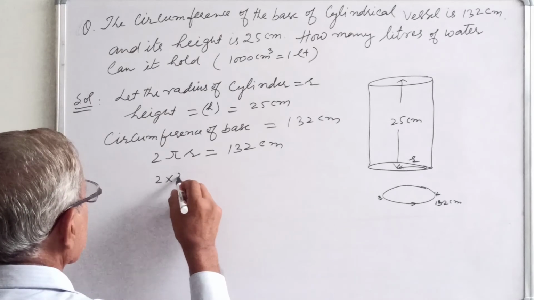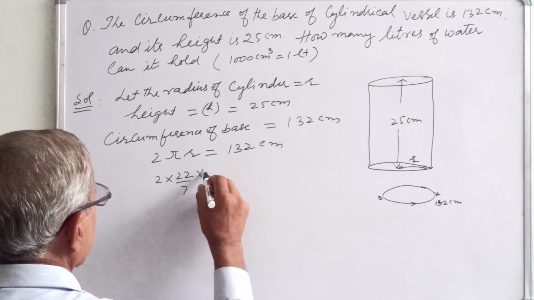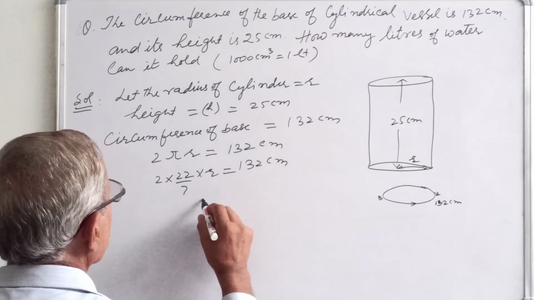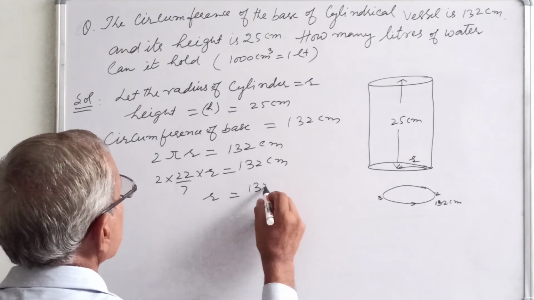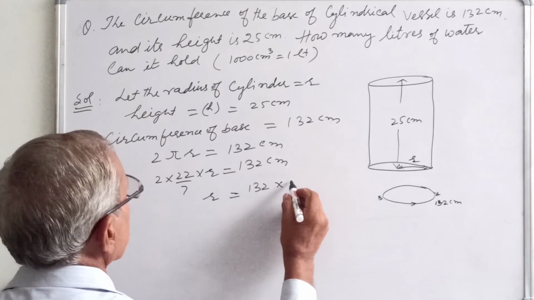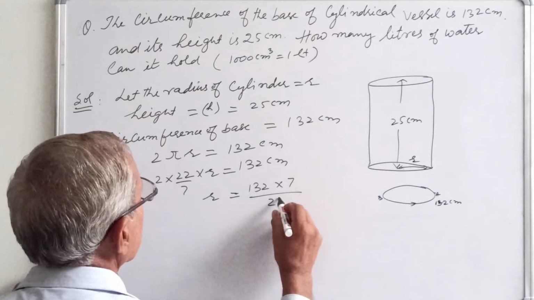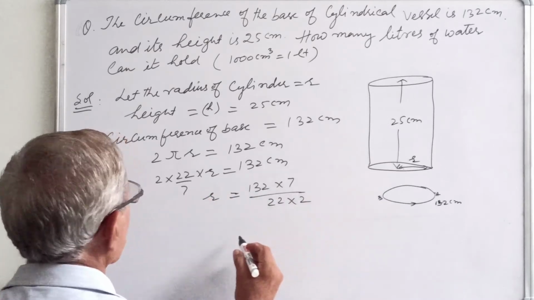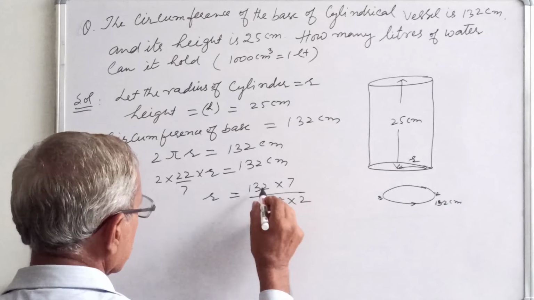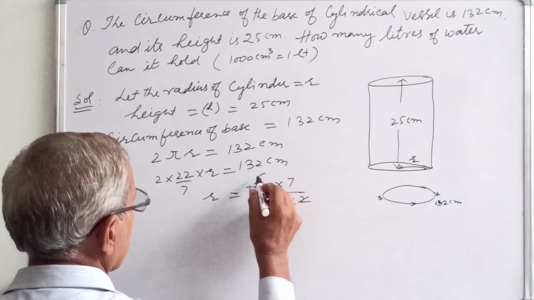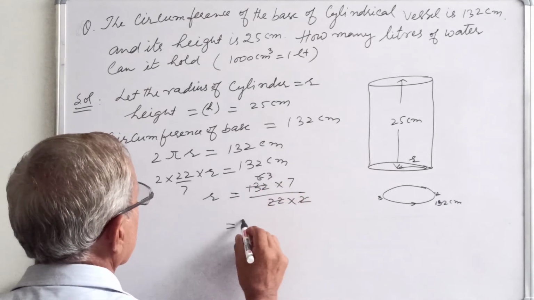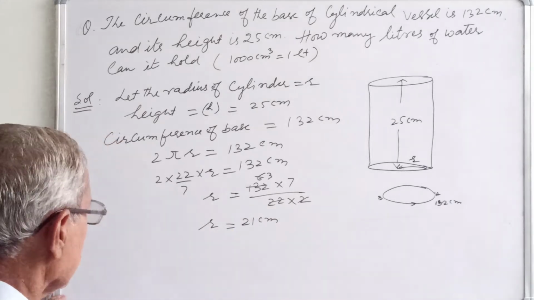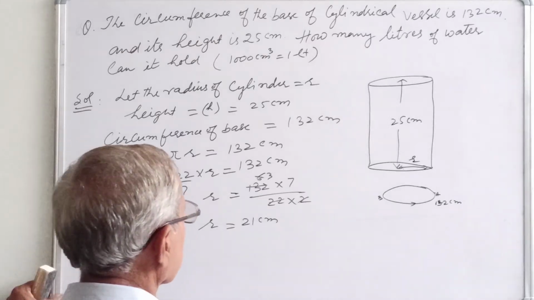So 2 into 22 upon 7 into r is equal to 132 centimeter. So r will be 132 multiplied by 7 upon 22 and the 2 in the denominator. 6, 3, 21 centimeter. The radius is 21 centimeter.